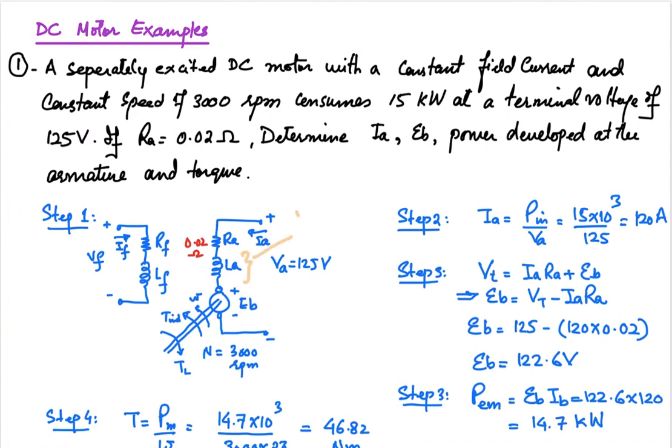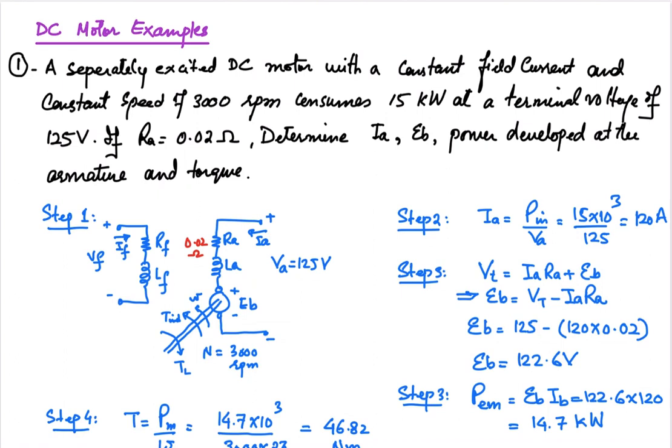So we will assume there is no voltage across this inductor. Now we want to determine the armature current, back EMF, power developed, and torque. The first step is to draw the equivalent circuit diagram, and next we will start the analysis.